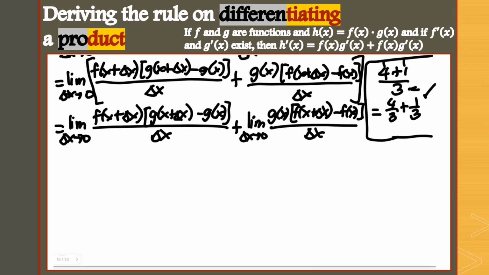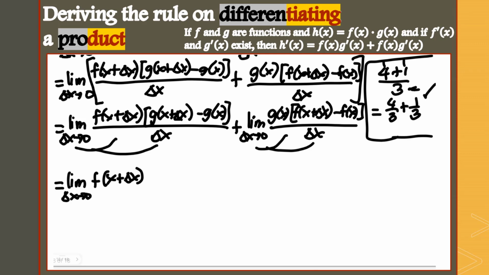After separating them using one of the limit theorems, there is also another limit theorem which tells us that we can also distribute this to the terms. We're doing this so that we can clarify the final form. So we'll have the limit of f of x plus delta x as delta x approaches 0 times the limit of g of x plus delta x minus g of x over delta x as delta x approaches 0.